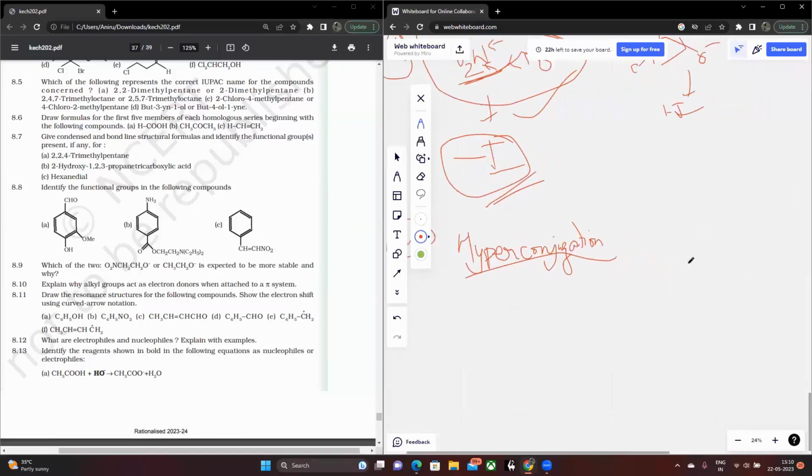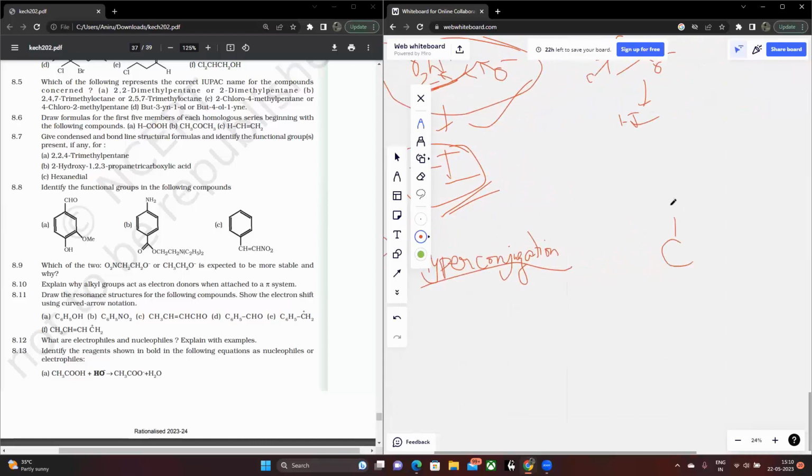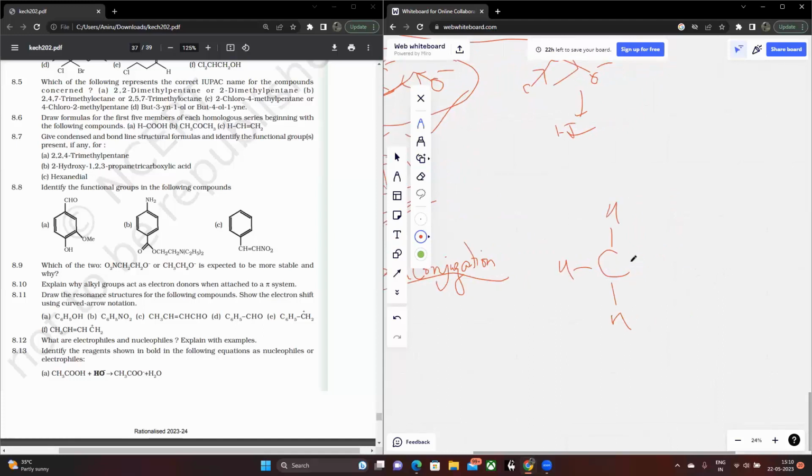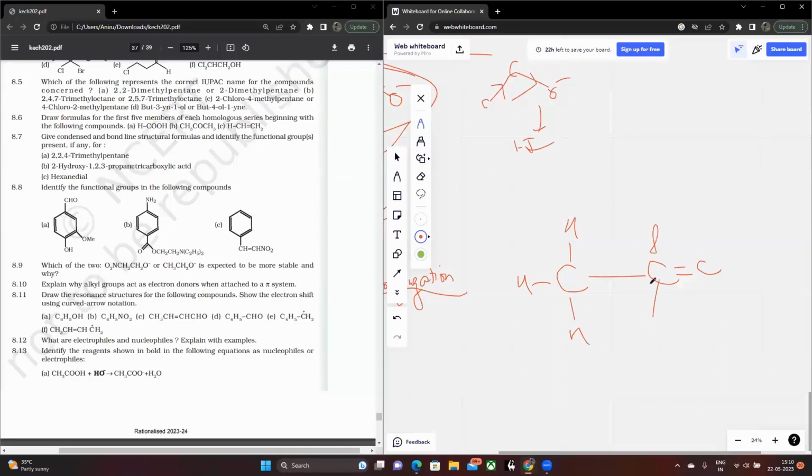Basically, this is a phenomenon where your CH sigma bonds get aligned. There are empty p orbitals in this pi system, all right? Always in a pi system there are empty orbitals.